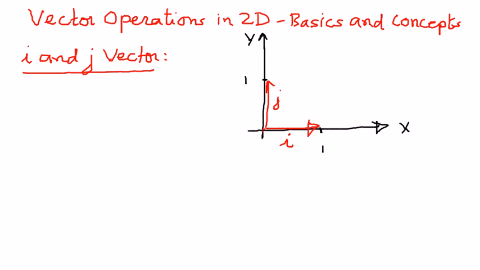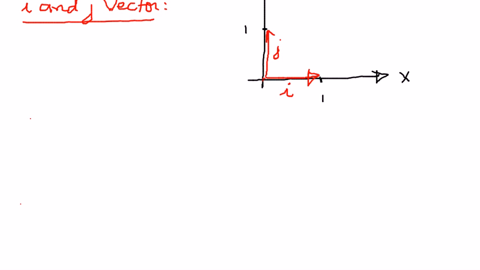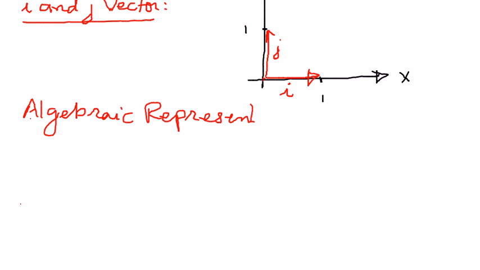Okay. So let us see how we can do an algebraic representation of vectors. Let me write that here. We want to see how we can represent a vector algebraically.